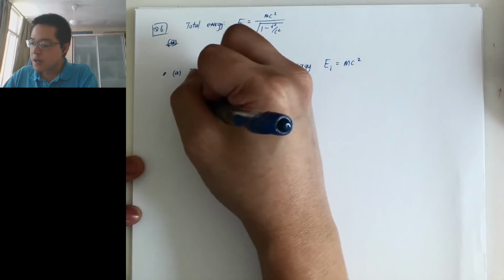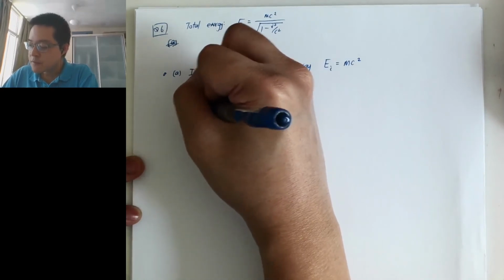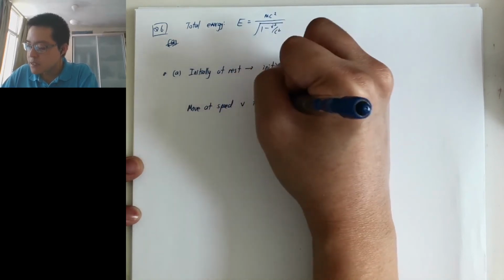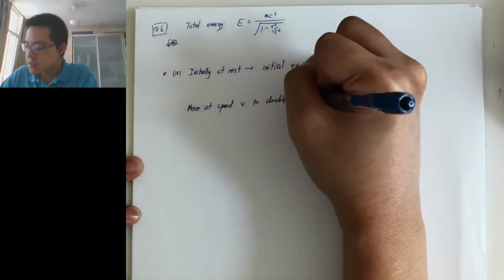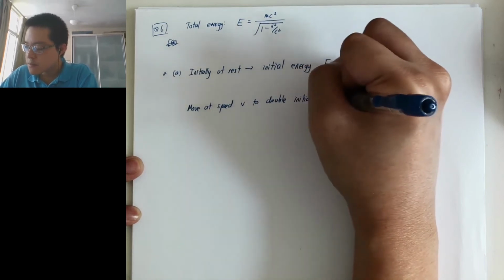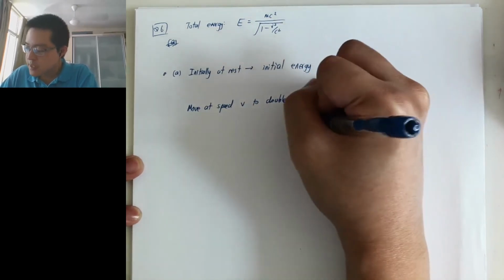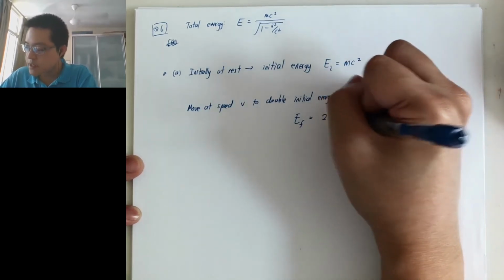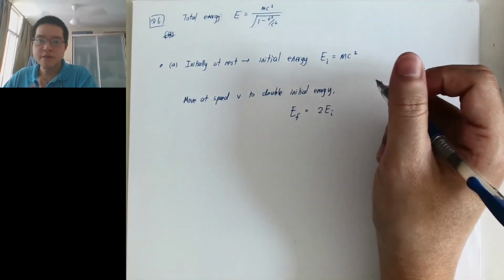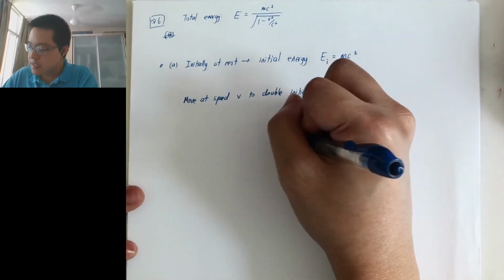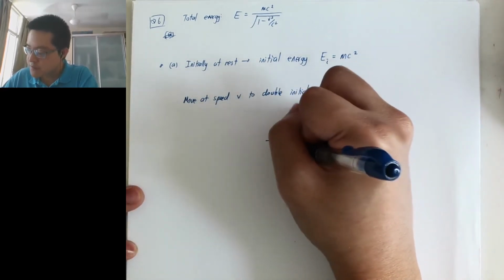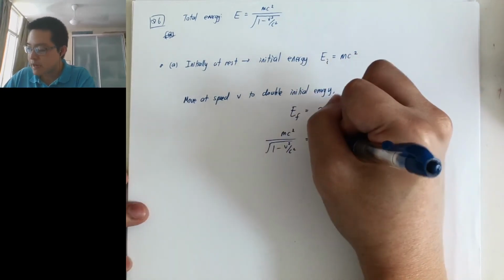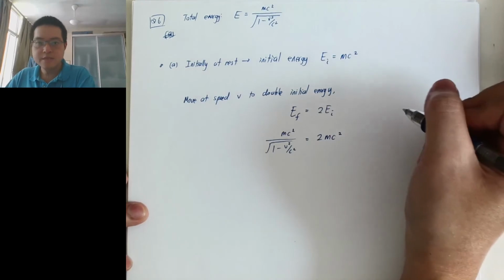Okay, so I want to move at speed v to double initial energy. So this means that my energy when I'm running must be twice my initial energy. Very simple, right? So my energy is mc squared over the square root of 1 minus v squared over c squared. I want to find the correct v to make sure that I have 2 times mc squared.